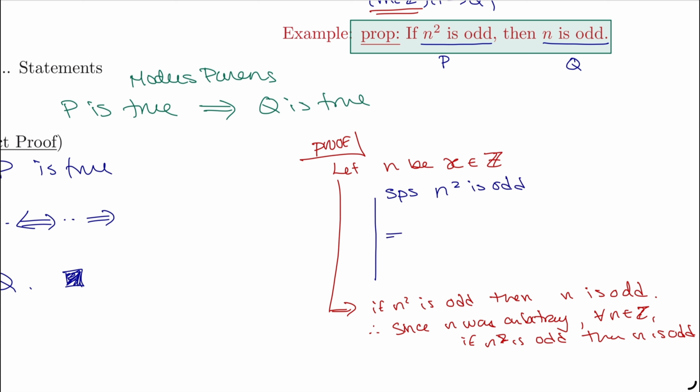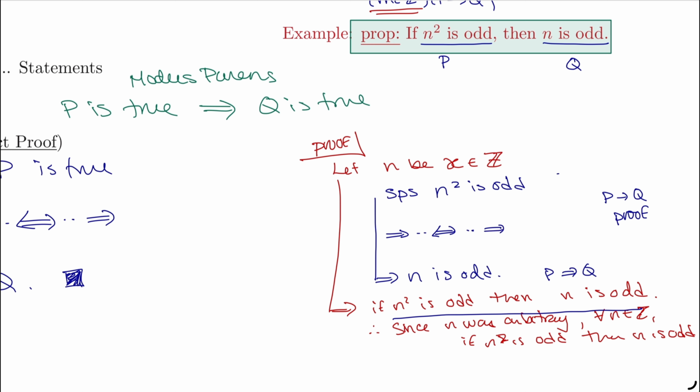And then I'm going to need to create some set of logical implications or equivalences that help me show n is odd. Okay, and that will have verified my if P then Q part. So we see that conditional proof nested inside the existence proof. Or sorry, the universal for all proof.